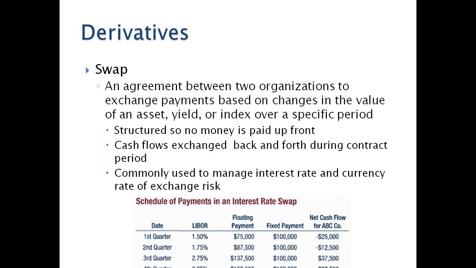Now, it shows an example in the book, and why LIBOR, which escapes me, but it's the international rate. You've probably heard about the LIBOR rates, which is the rate at which banks can borrow money, and we have 1.5% in the first quarter, second quarter, and you can see that the interest rate's going up.